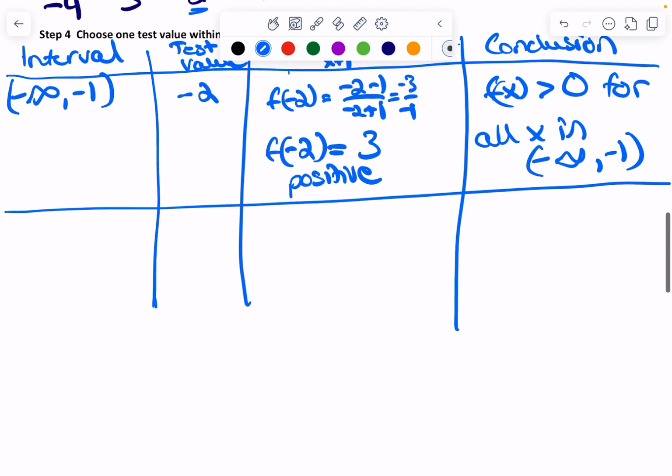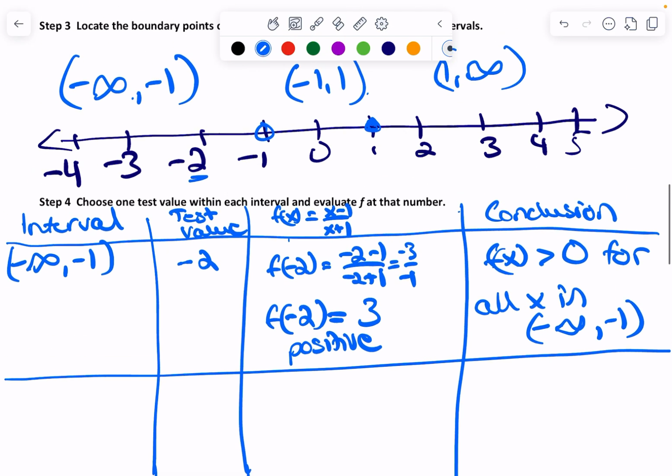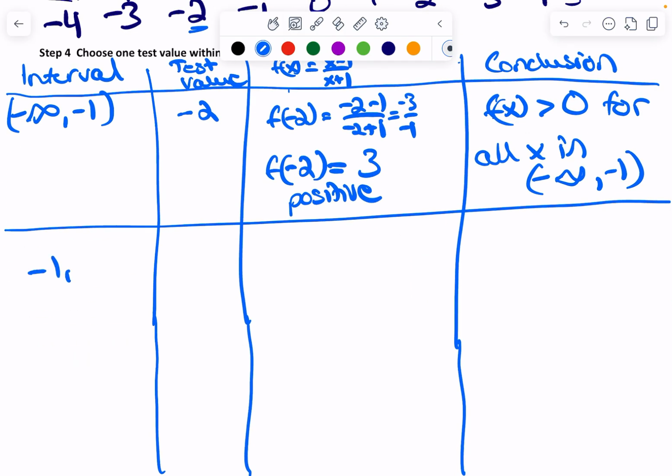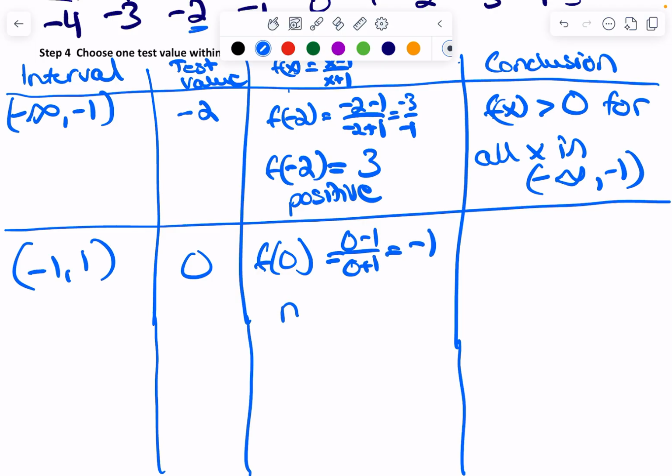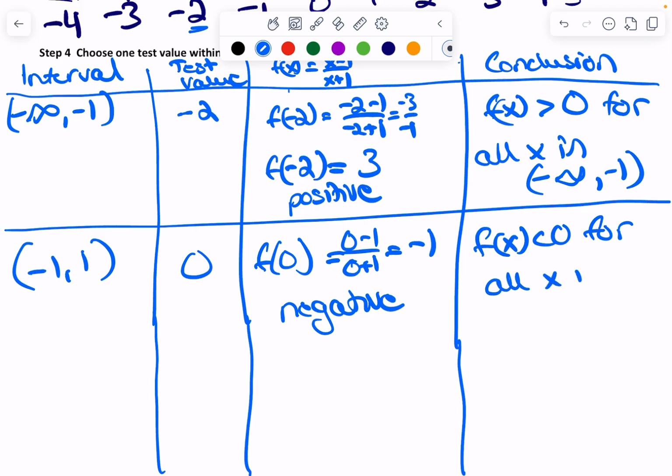Okay, our next interval is negative 1 to 1. Well, there's an easy number, 0, right there in between those two numbers. f of 0 is 0 minus 1 over 0 plus 1, so it's negative 1, which is a negative. f of x is less than 0 for all x in negative 1 to 1.